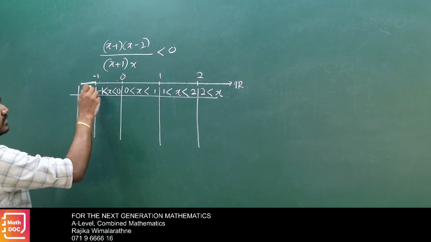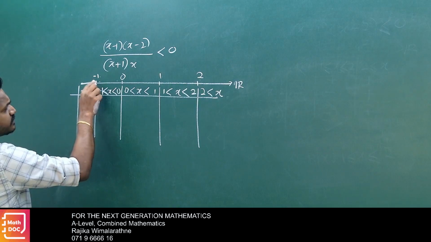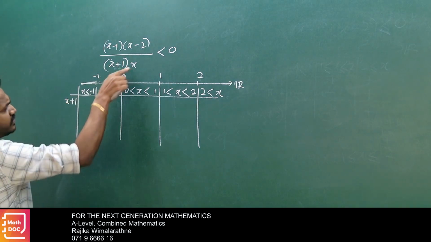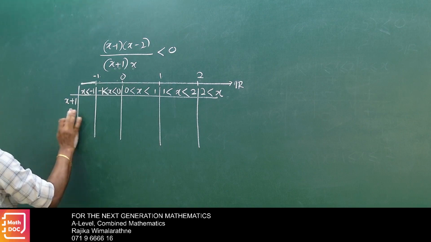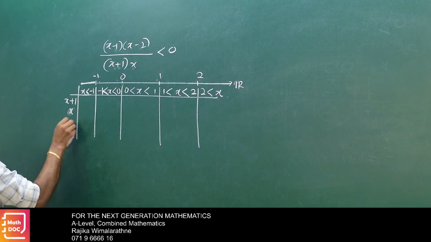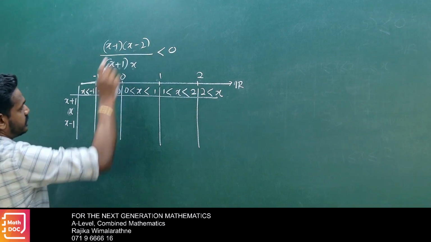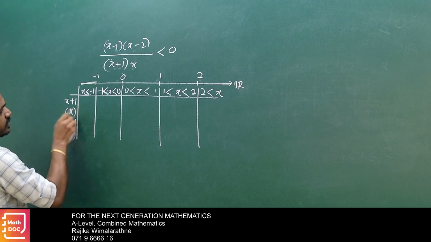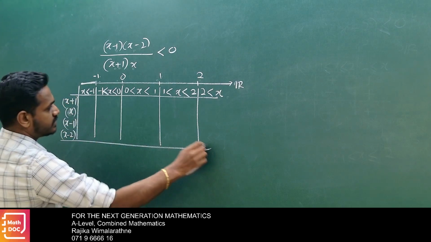Here you had better start at the minimum. Here minus 1, the corresponding factor is x plus 1. Then next 0, you put x here. Then 1, the corresponding one is x minus 1, and 2 is x minus 2. Likewise you had better put them in ascending order.